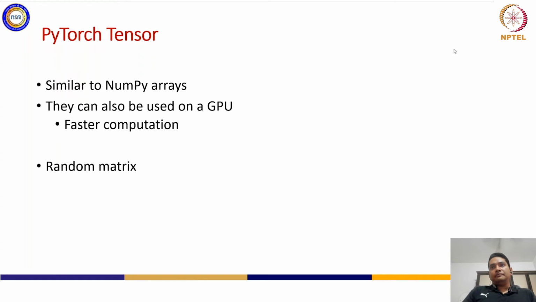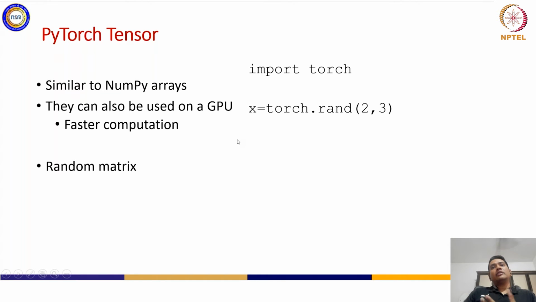So talking about these frameworks, let's first discuss the random matrix that you can have in a PyTorch tensor. Let's say I want to use PyTorch, so you just use import torch. The torch library will be imported as torch itself. Then let's say I want to define one 2 by 3 matrix, which is essentially one tensor.